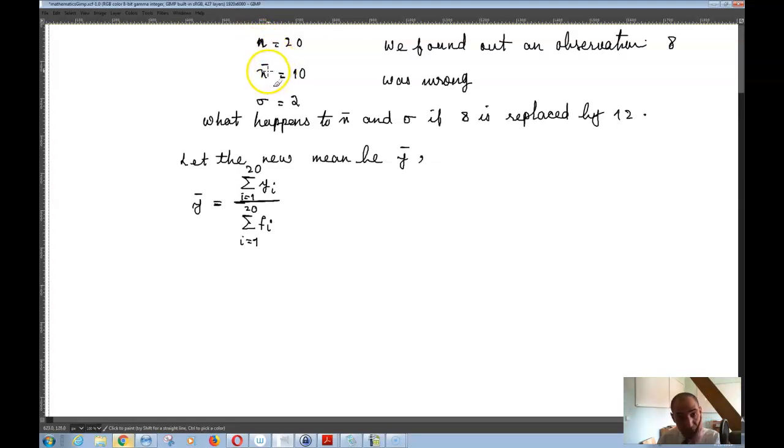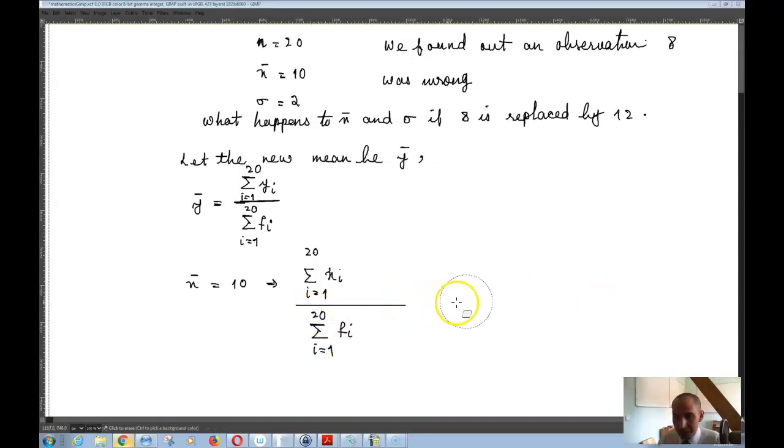If I use the information that x bar is equal to 10, then I know that sigma of x of i as i goes from 1 to 20, divided by sigma of f of i as i goes from 1 to 20, was equal to 10, because this is the definition of x bar, sigma of x of i divided by sigma of f of i. That was equal to 10.